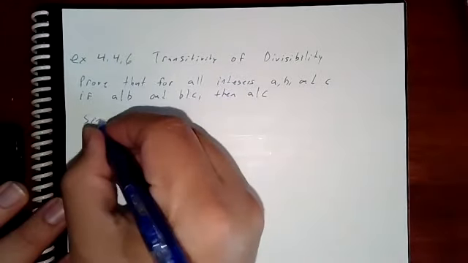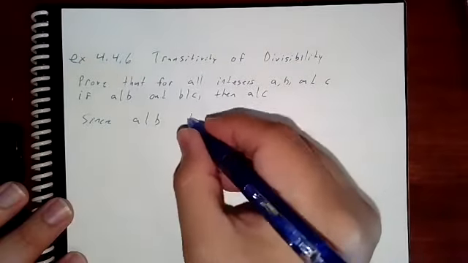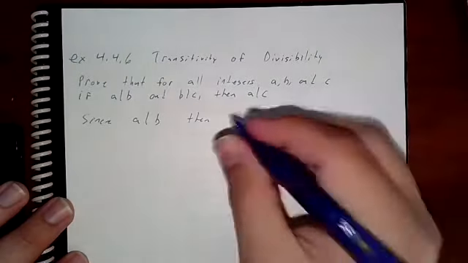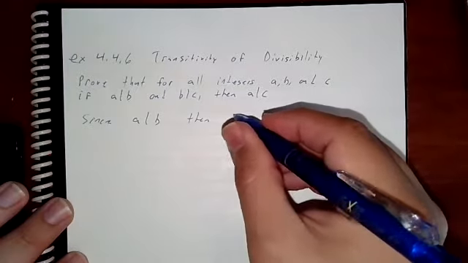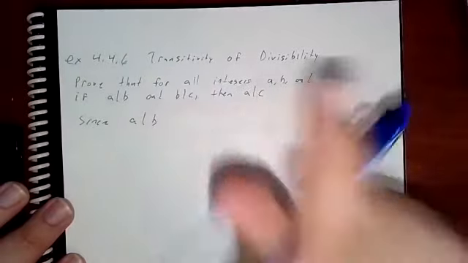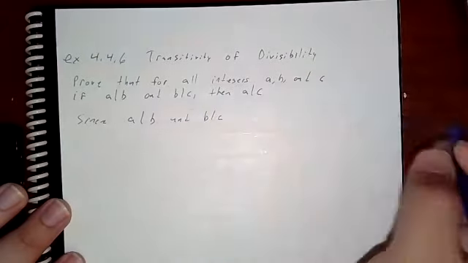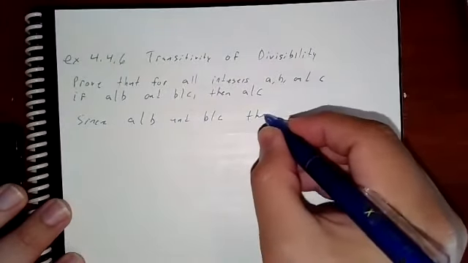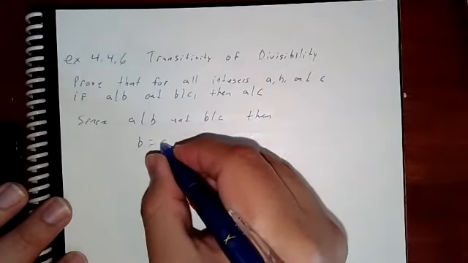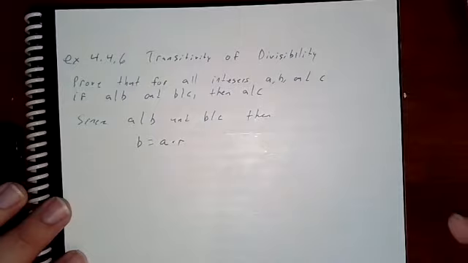So if a divides b, then that means you can write, let's go ahead and write it all at the same time, make it easier. Since a divides b and b divides c, then b is equal to a times some constant we'll call, I think the book uses r.